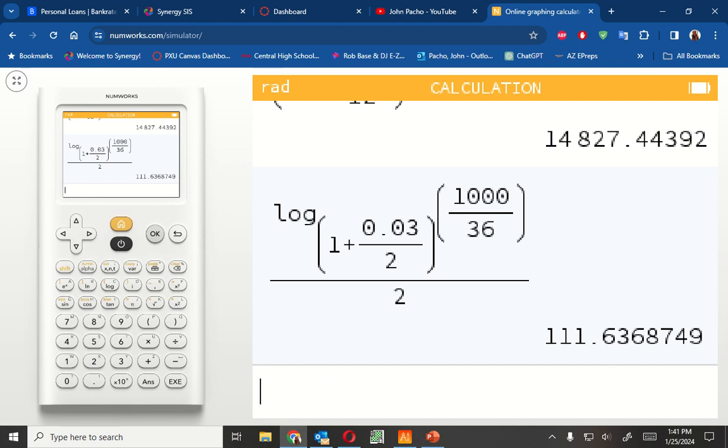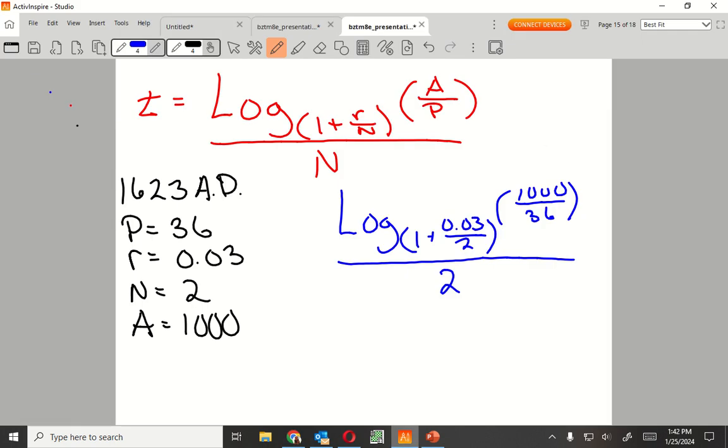So your answer on this is it's going to take 111.64 years. That's how long it's going to take. But Toad's not going to put that down right now because he's paying attention. 111.64 years. But what is my starting year, Toad? 1623. So we went back in time to 1623. We invested our money.